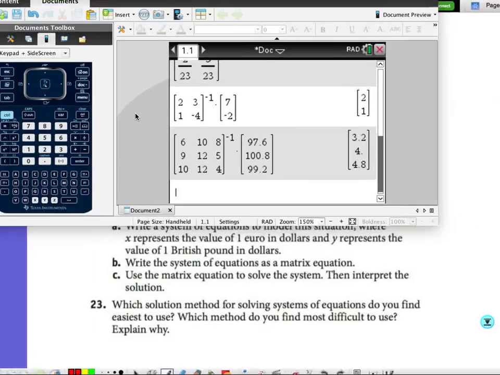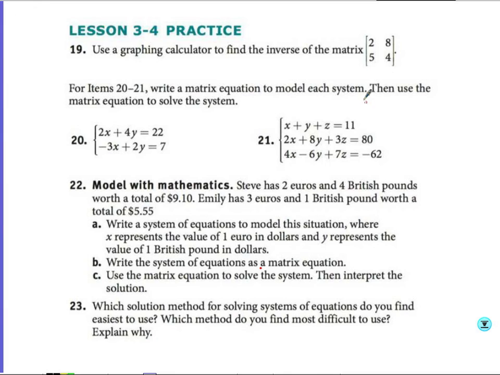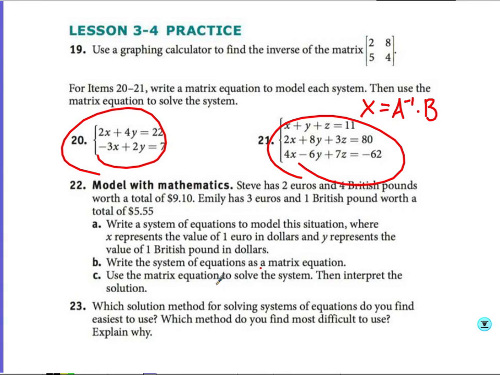So you need to remember the equation that X is equal to A inverse times B. That is going to be able to apply to solve any system of linear equations. You just have to know how to identify what the matrix B is, and put that inverse in there and multiply it by the matrix B, and it's going to give you whatever variables you have.